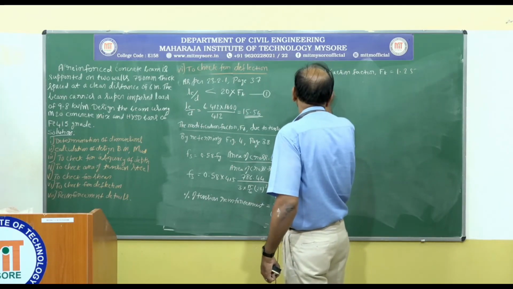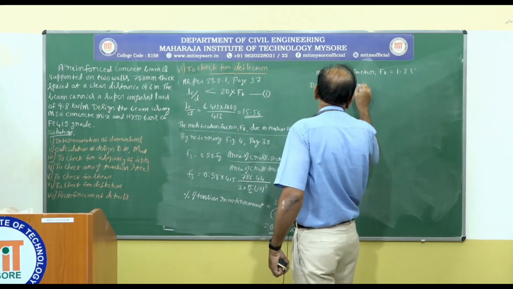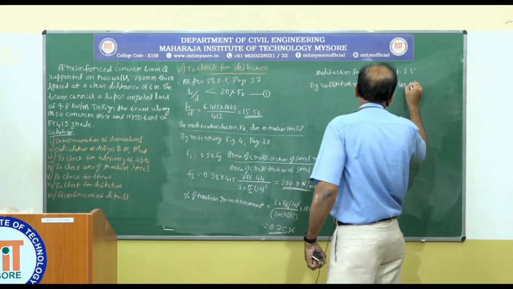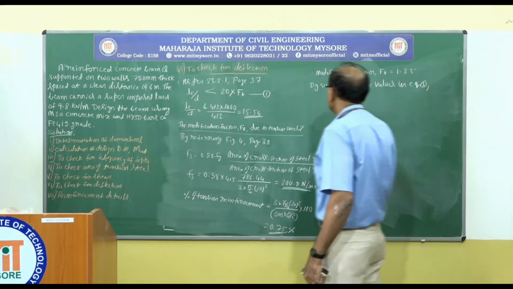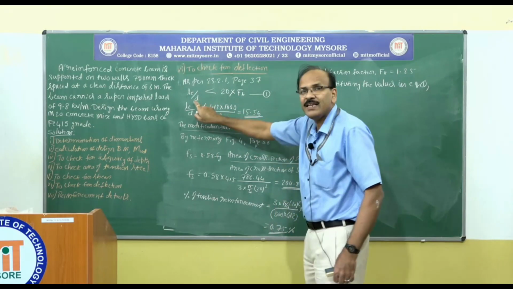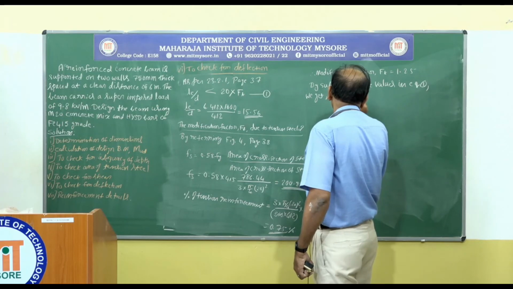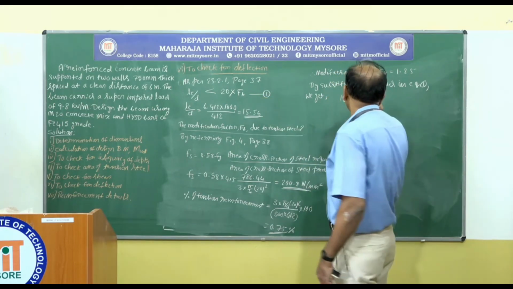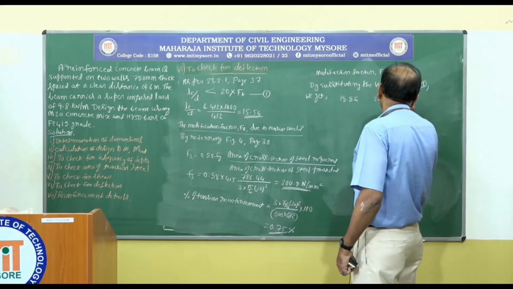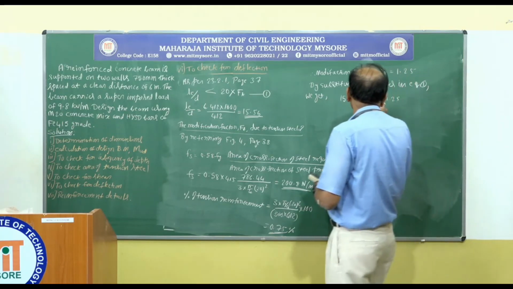Okay, I am going to substitute this value in equation 1. We get, so what is Le by d? Le by d is 15.56. What is 20 multiplied by Ft? Ft is 1.25, so that is equal to 25. This should be less than this.